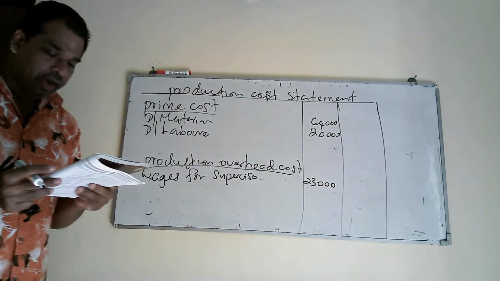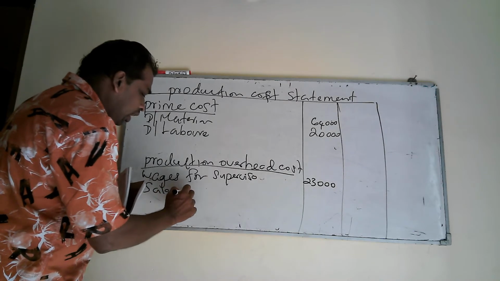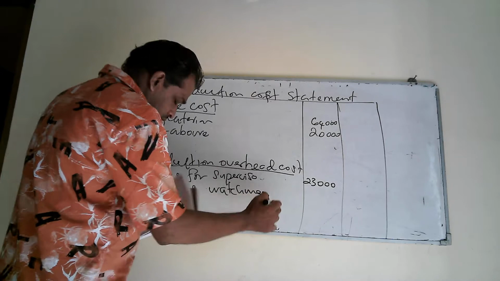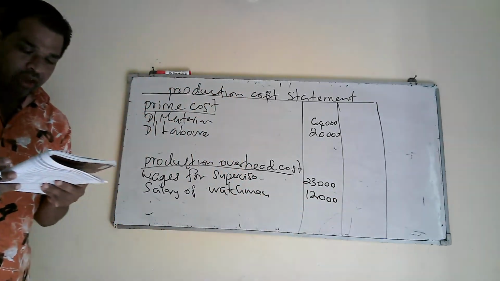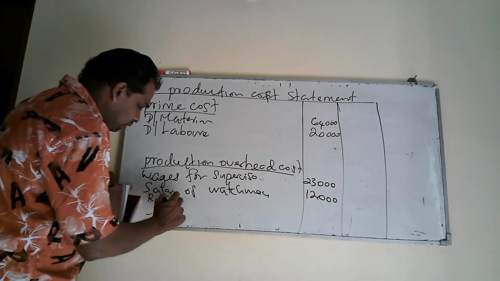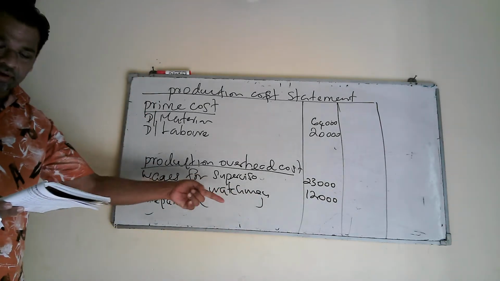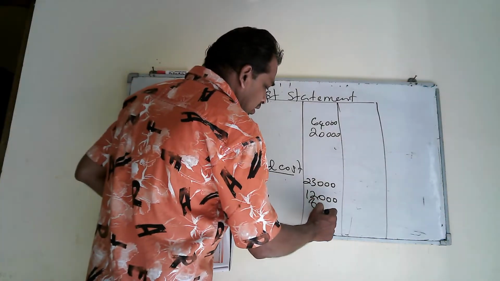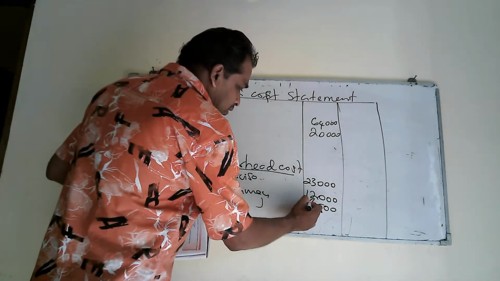Next item, salaries of the watchman. That is also indirect labor, 12,000. Okay. Repair of sewing machine, that is repair expenses. You can write within brackets repair of sewing machine, 8,500.